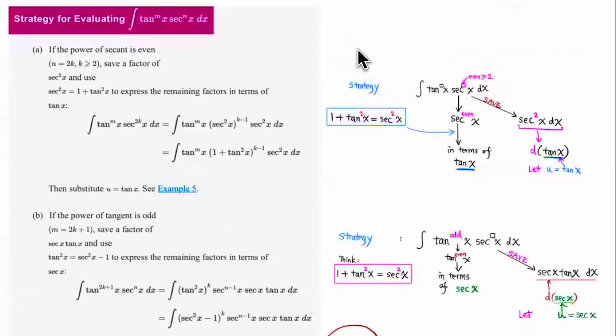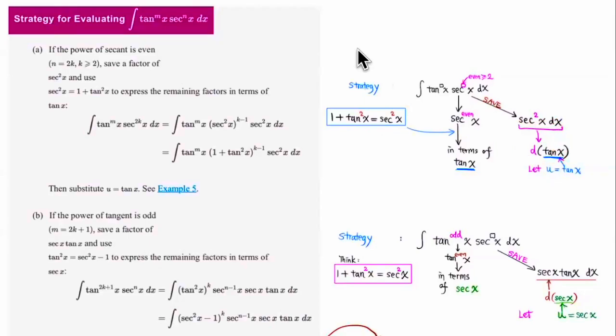Okay, and then we also talk about what happens if the function we integrate is in the form of tangent x times secant x. And for the exponents on tangent and secant, there are two cases. When the exponent on secant x here is even and greater than or equal to 2, you want to save a secant square x together with dx, because if you let u be tangent x, that is going to change into du.